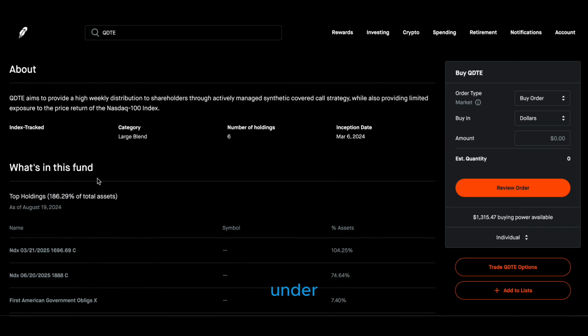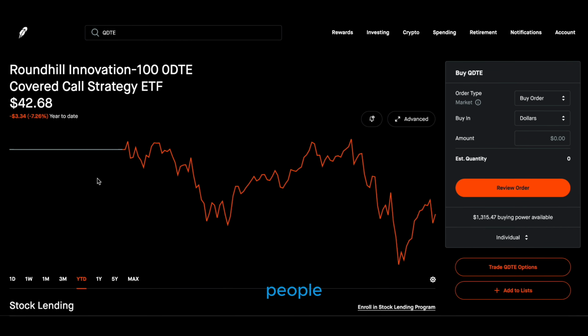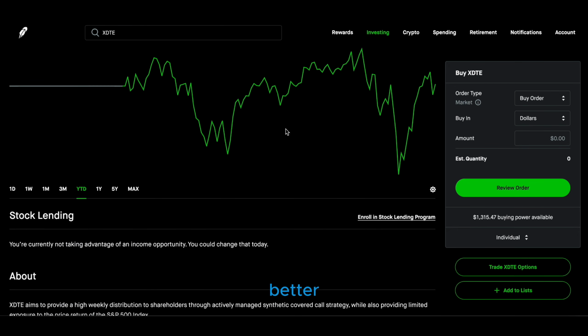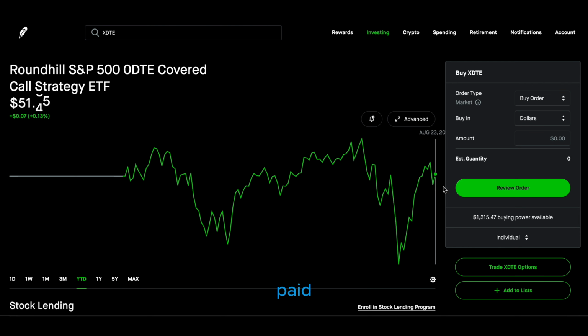So people are leaning more towards QDTE, but if you look at the bigger picture, XDTE has performed better, considering that it has paid dividends of 29 cents per week, plus it has not depreciated your principal amount here.